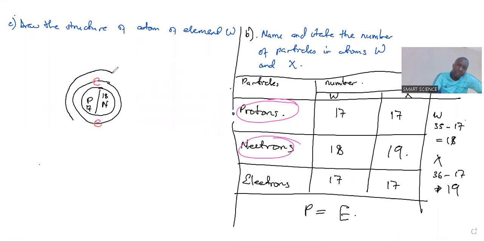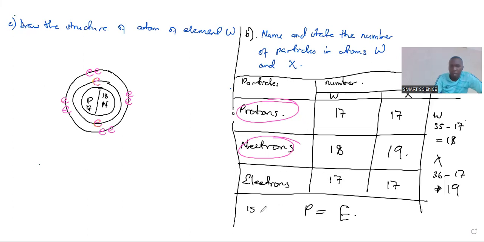I will put the second shell. So among the 17 electrons, I've so far chopped off 2, so I'm left with 15. The second shell can take up a maximum of 8. So I'll draw those 8. And putting the 8 means I now have 10 from the 17.